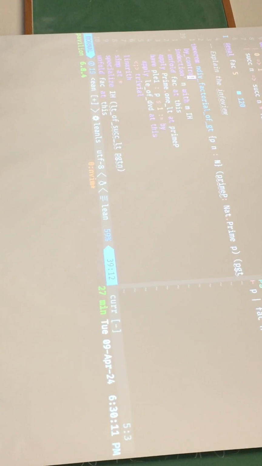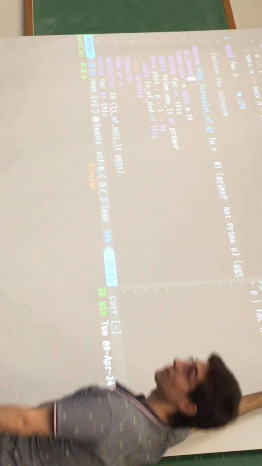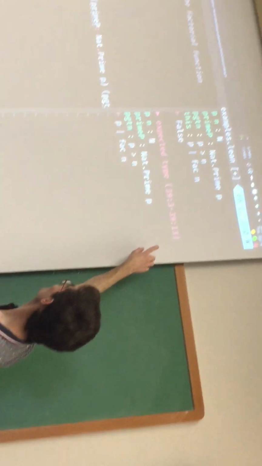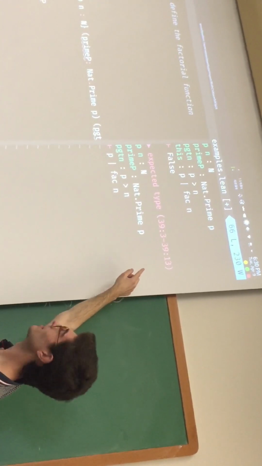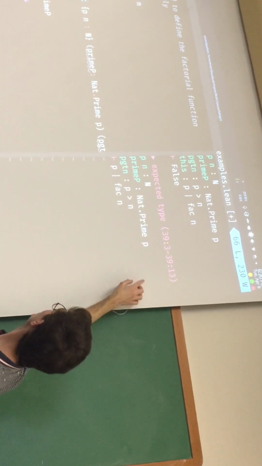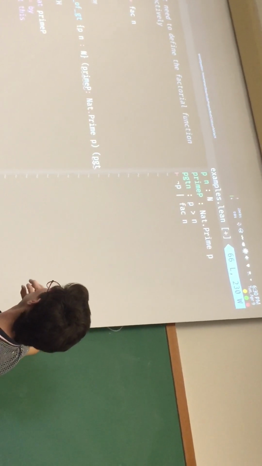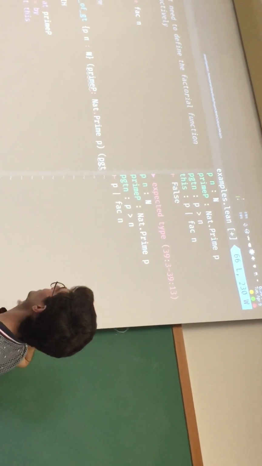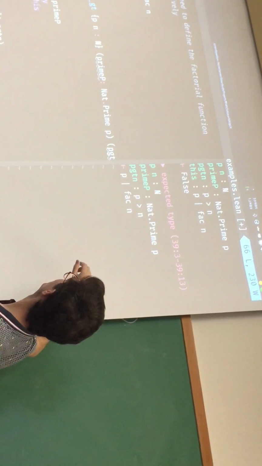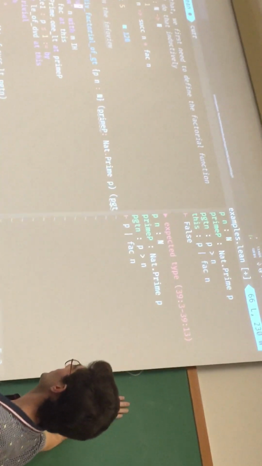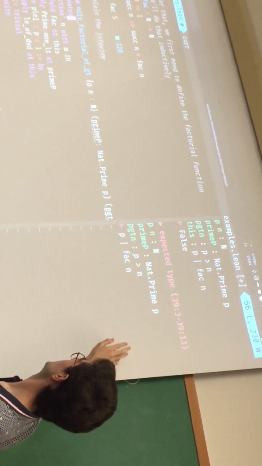If you look at the right side, you will see that there is now this variable which has p divides factorial n. It wasn't there before, right? It was introduced by the by_contra. And you will use that to prove false. Now the goal state is false.